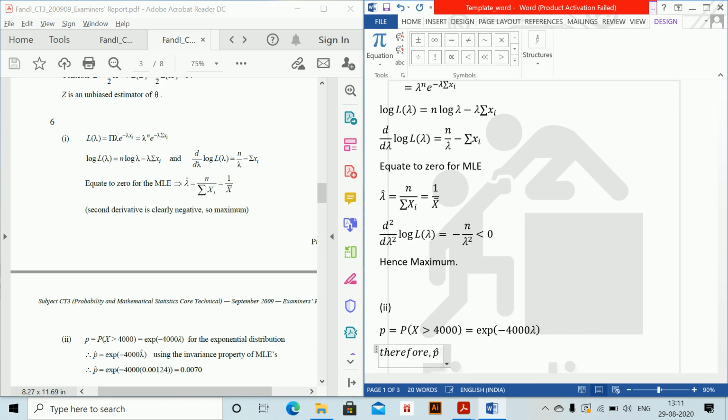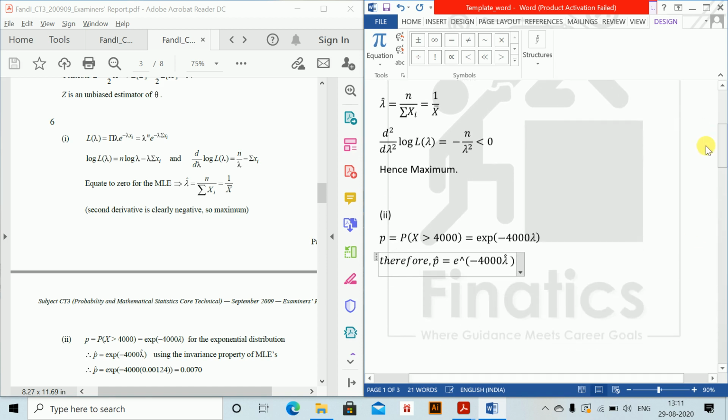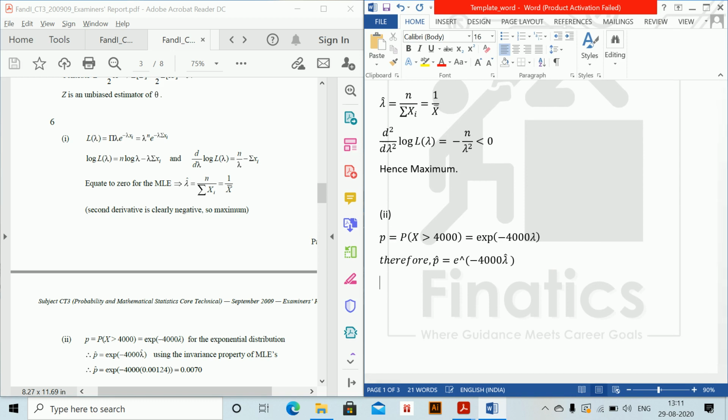P hat is equals to e to the power minus 4000 by lambda hat, using the invariance property of MLE. The theory part I am not writing, please write it. You have to write why you have put this.